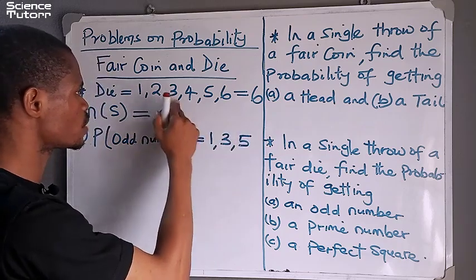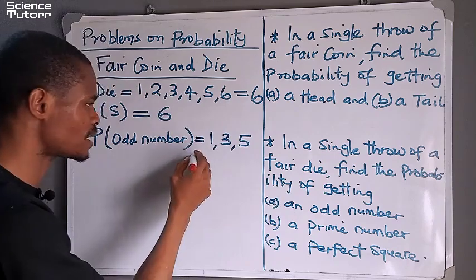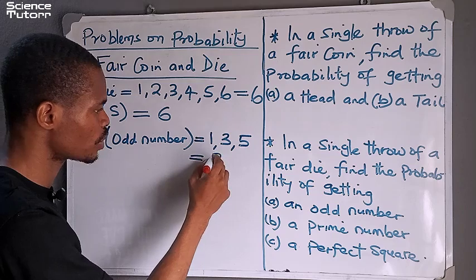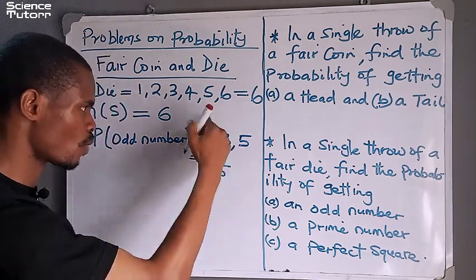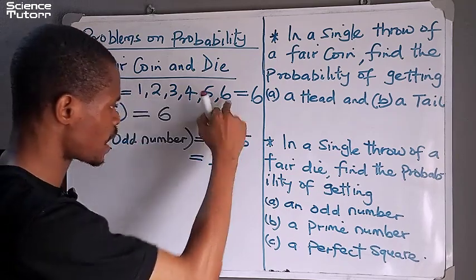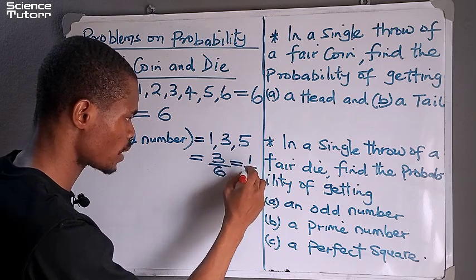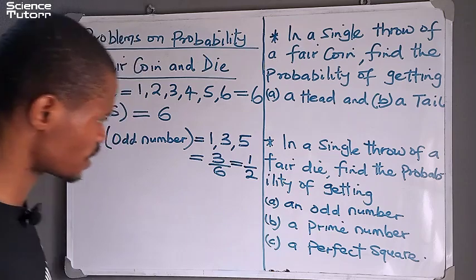So out of 1, 2, 3, 4, 5, 6, I have 3 odd numbers. That makes the probability of getting an odd number equal to 3 out of 6 outcomes, which becomes 1/2 when reduced to the lowest term. That is for the first case.